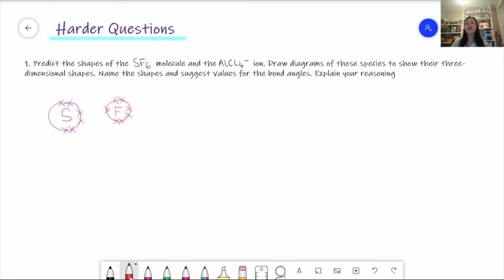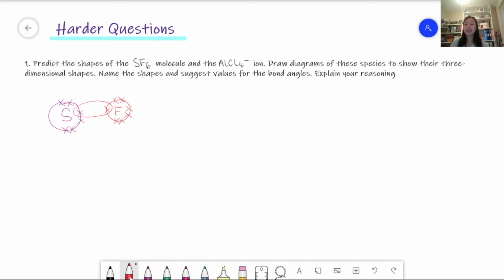So if one fluorine was bonded with one sulfur, one of the sulfur electrons would be shared with the fluorine, and this fluorine electron would be shared with the sulfur. And this would be how it would bond. So it would be a covalent bond.